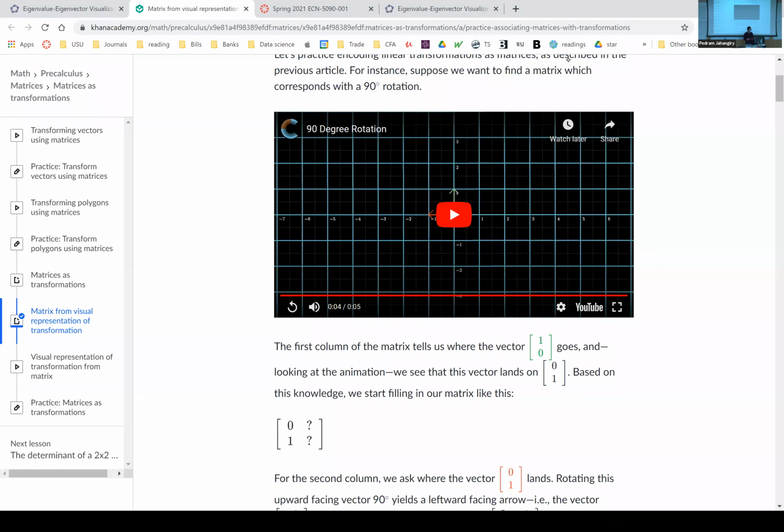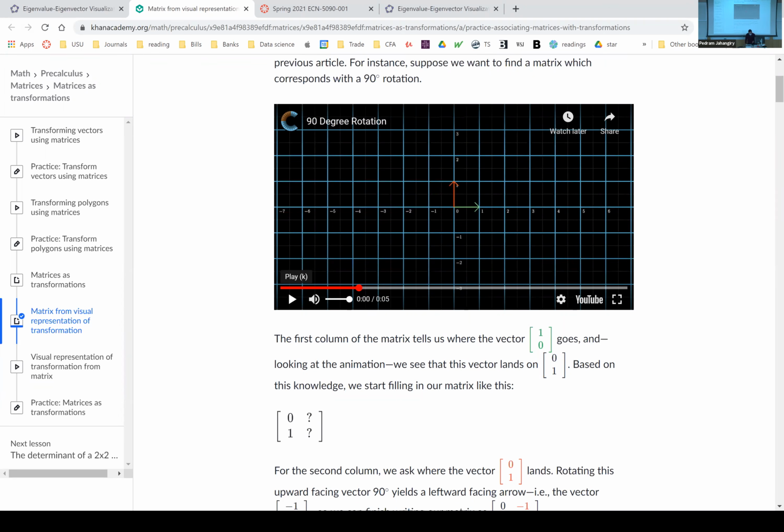So let's see how we can do this transformation using matrix algebra, right? Let me pause it. Where's the green? Right now, the green is at 1, 0. Does everyone agree? Before the transformation it is 1, 0. After the transformation it is what? 0, 1. Very good.